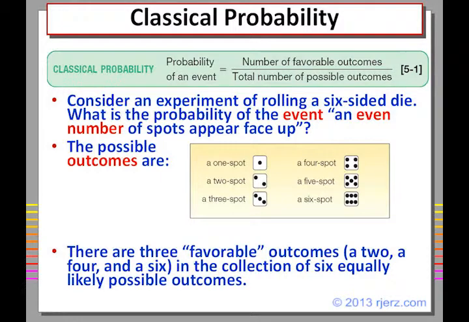But with the throw of a die, there's no reason to do this kind of experiment, because by being able to count the number of favorable outcomes and the total number of outcomes, the probability of this event is simply the number of favorable outcomes, which is 3, divided by the total number of possible outcomes, which is 6. The key difference here, once again, is the ability for us to count the number of favorable outcomes and the total number of possible outcomes.